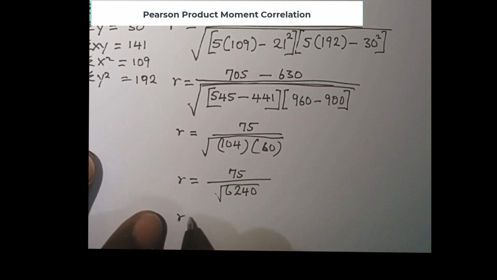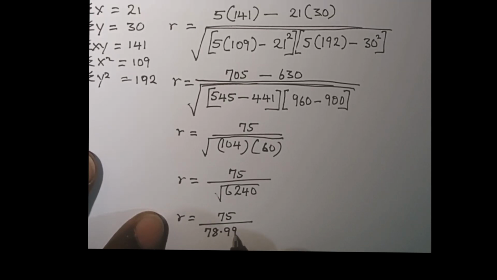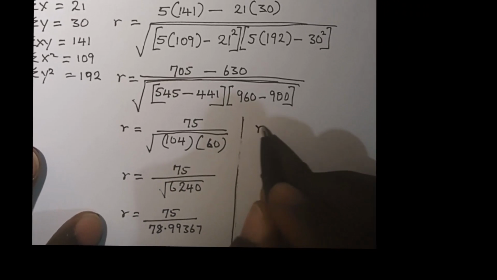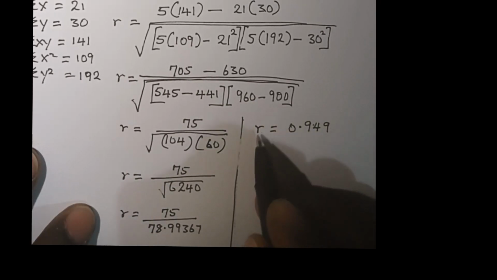So r is equal to 75 divided by, when we take the square root of this, we'll have 78.99367. So hence r will now equal to, when we divide this by this, 0.949. So this is called the r calculated.